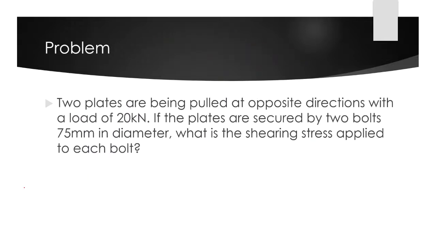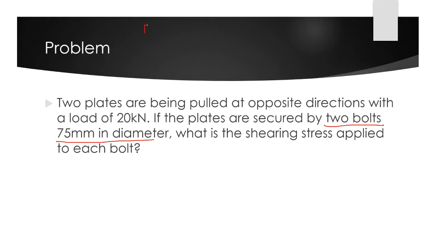Next, two plates are being pulled at opposite directions with a load of 20 kilonewton. If the plates are secured by two bolts, so there's two bolts already involved, 75 millimeter in diameter, what is the shearing stress applied to each bolt?